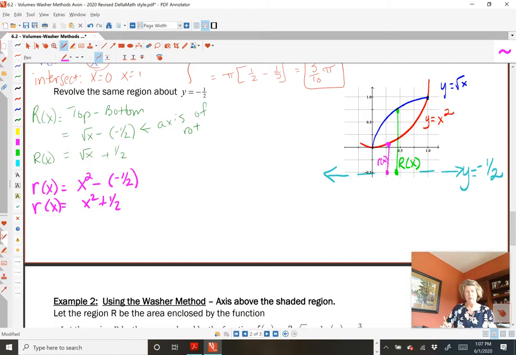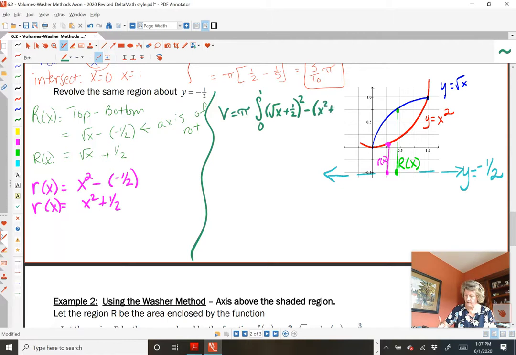We know the intersection points are 0 and 1, so let's go ahead and write our formula out. So volume equals pi. From 0 to 1 are our bounds. Big R squared minus little r squared, x squared plus 1/2.